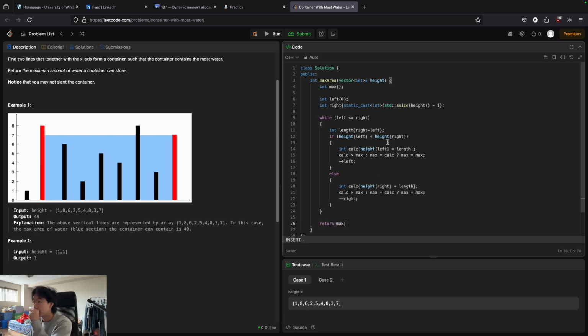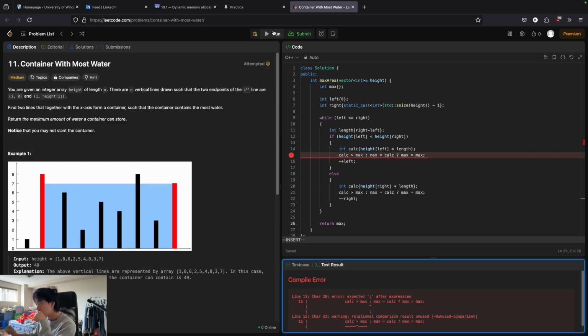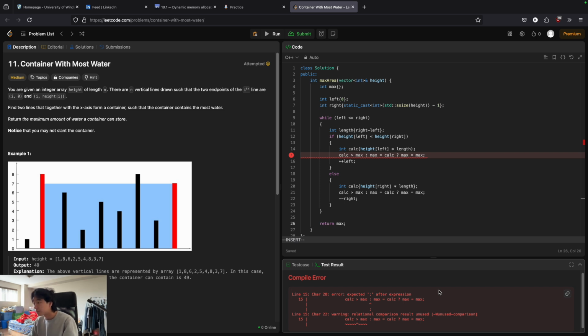Okay, let's run it. I'm pretty sure I just need these over these. If not, then I need to review my ternary operation.